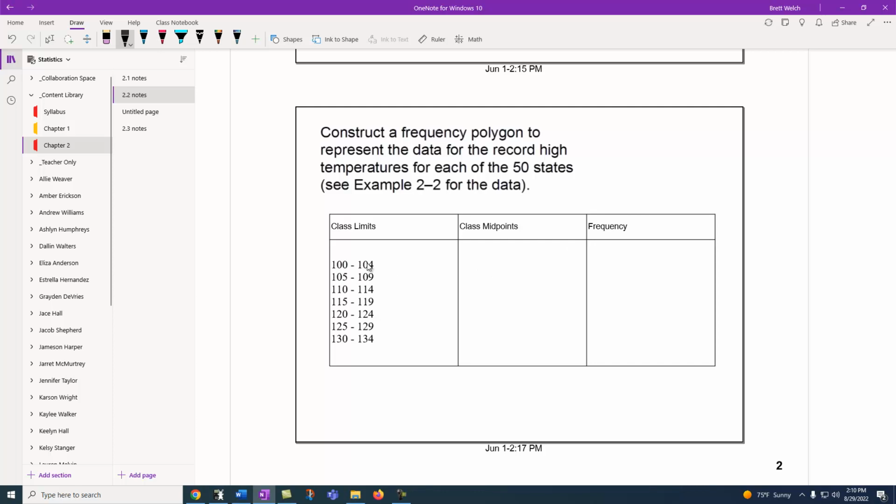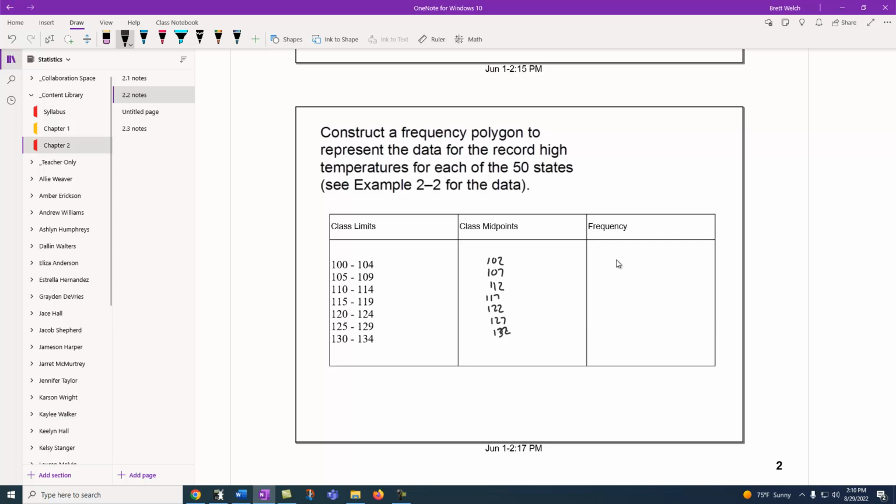The midpoint of 100 and 104 would be 102. The midpoint for 105 and 109 would be 107. Then 112, then 117, then 122, 127, and 132. This is why it was important that we used odd class widths, so we could find the middles.